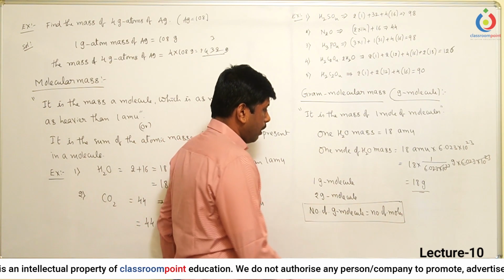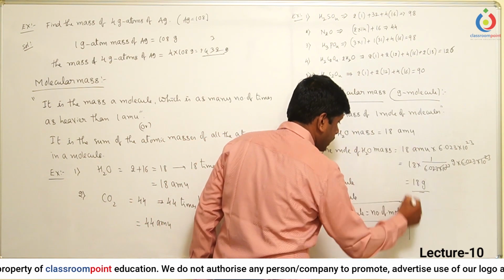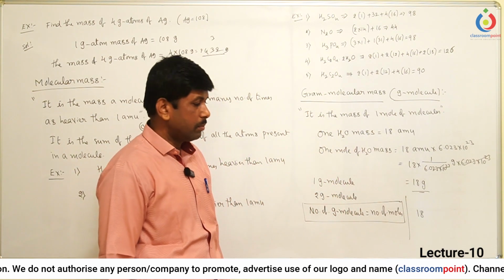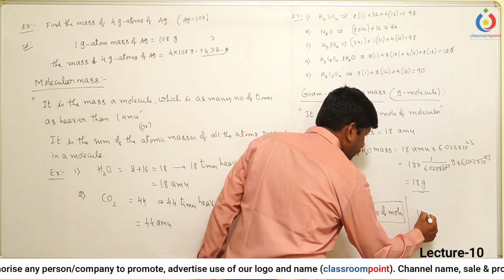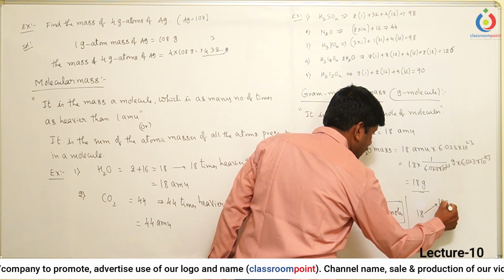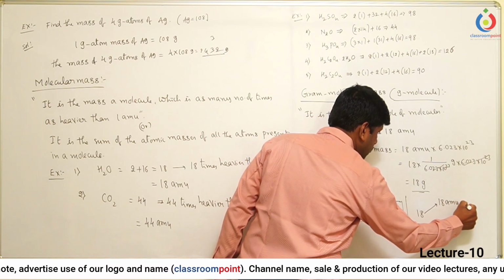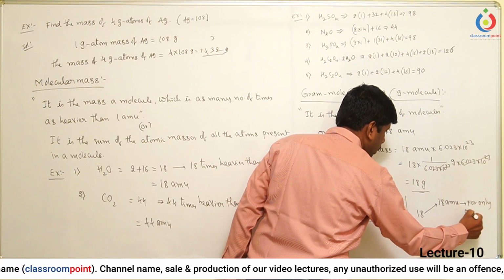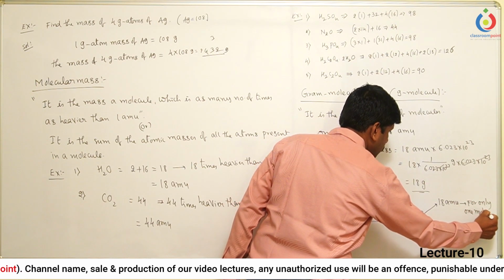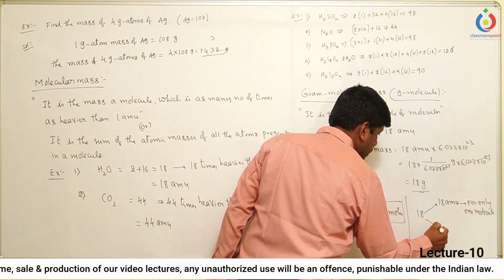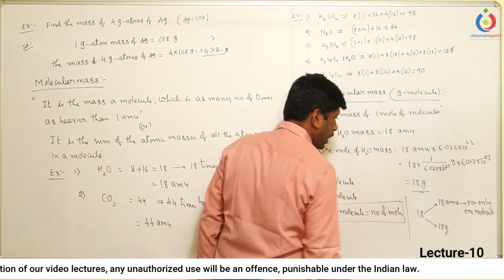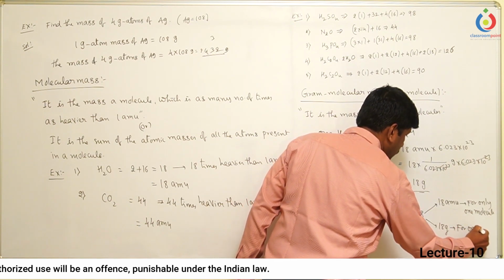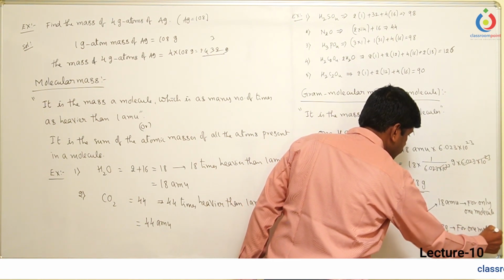So whenever they are asking, if you take this example, 18 is the molecular mass of water. This 18, if we express it as 18 AMU, that means it is for only one molecule. But if you express the same 18 in the form of grams, that means it is for 1 mole of the molecules.